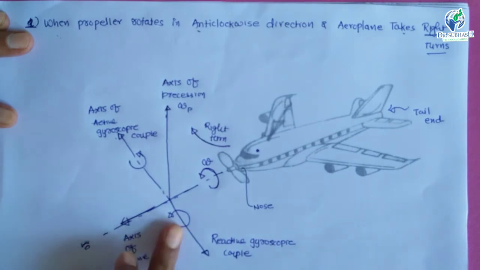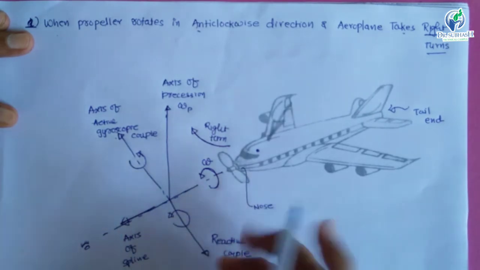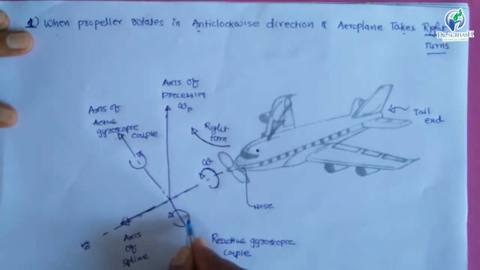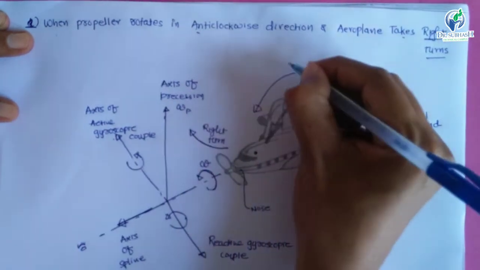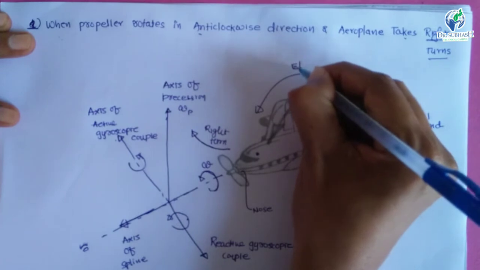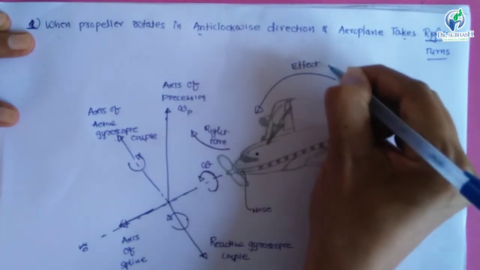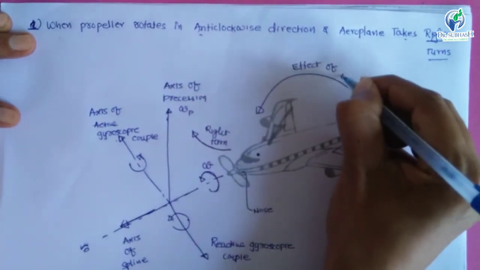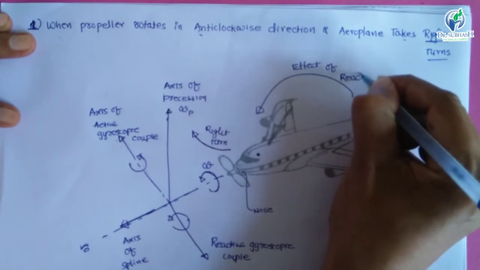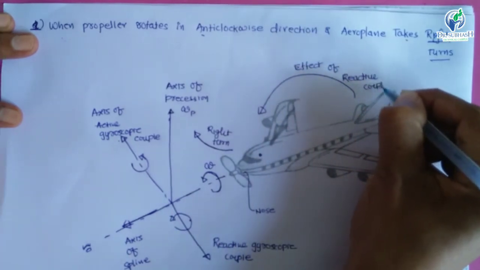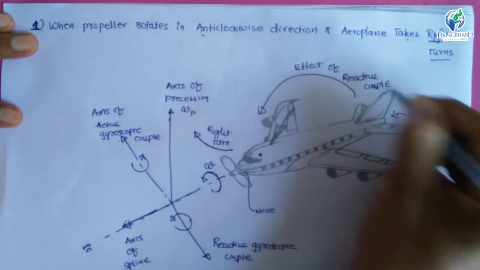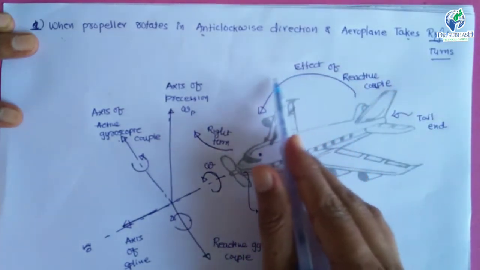Now this reactive gyroscopic couple will affect the aeroplane. So if we draw this reactive gyroscopic couple, then this is the effect of reactive gyroscopic couple.